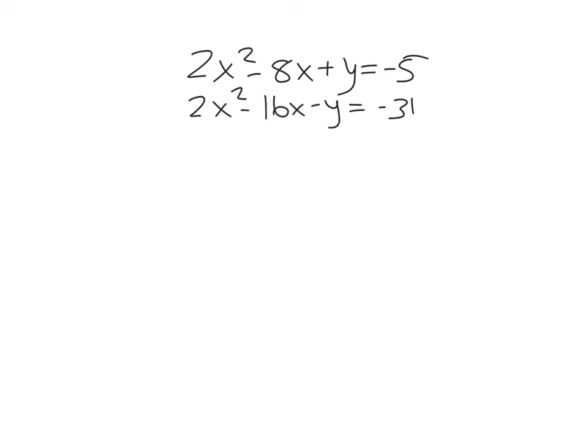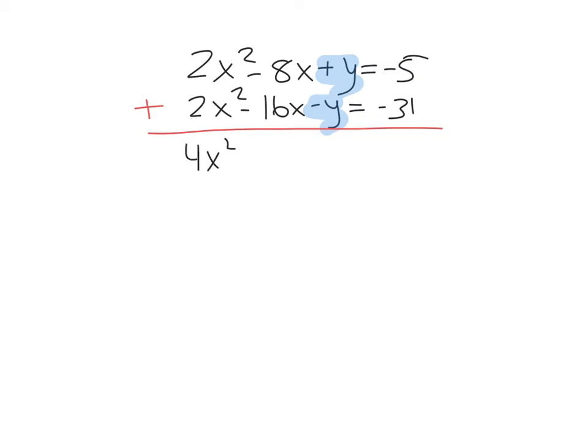So here in this scenario, we see that the y is negative and we have a positive. So that's good for us because we want them to be the same number, opposite sign. So if we were going to do elimination on this, we can go ahead and add them together, okay? And so we're going to go ahead and add all like terms. So this right here, 2 plus 2, this is 4x squared.